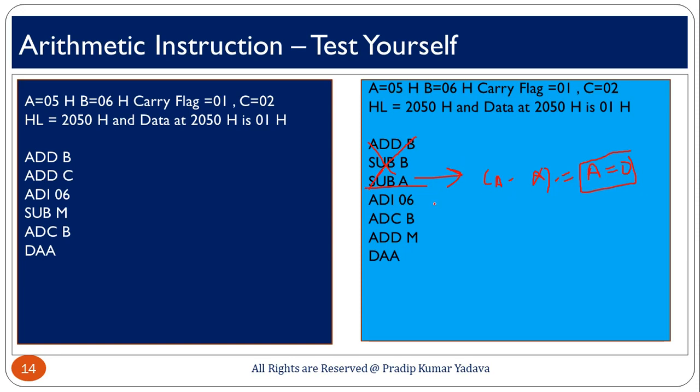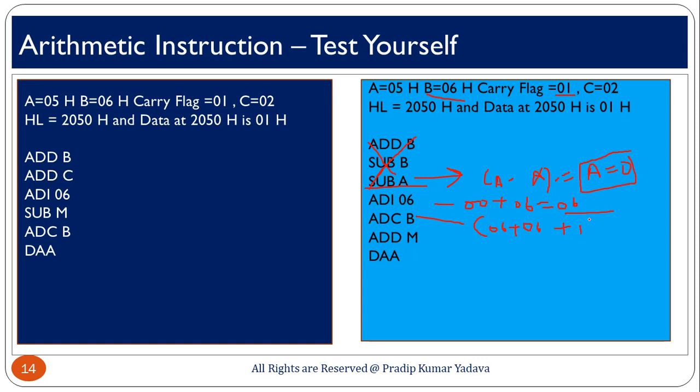Now, after this line, that will be 00 plus 06, we will get 06. Now, the content of accumulator will be 06. ADC B means A plus B plus carry, the content of A is 06, the content of B is 06, that is given here, and the content of carry flag is 01.